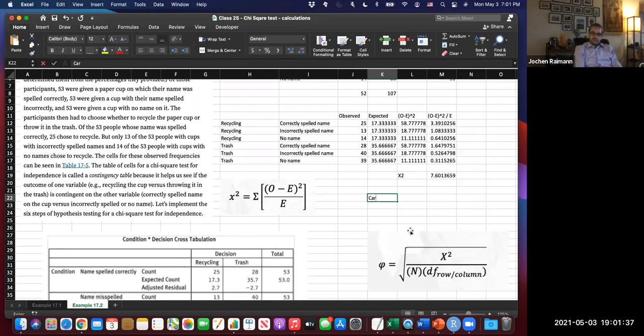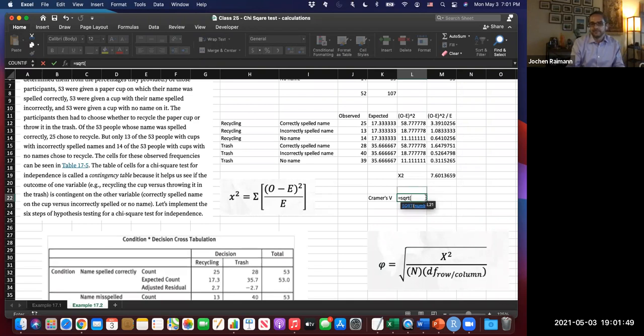We're doing Cramér's V: a square root of chi-squared divided by n, and this is the sum of all that were essentially assessed, multiplied by our degrees of freedom of row and column, whatever is smallest.